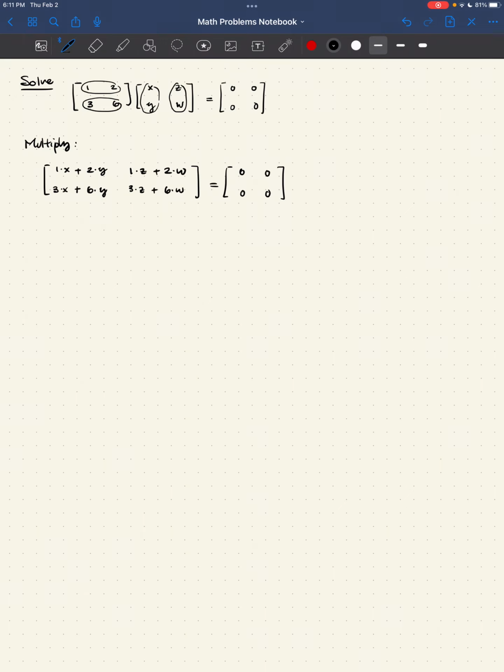So this matrix equation induces 4 linear equations. Which ones are those? Well, the first one says x plus 2y is 0, z plus 2w is 0, 3x plus 6y is 0, and 3z plus 6w is 0 as well.